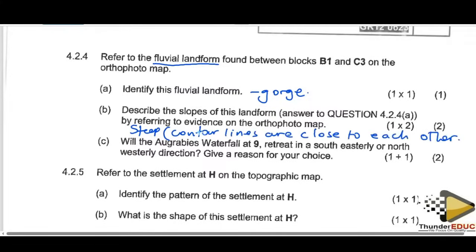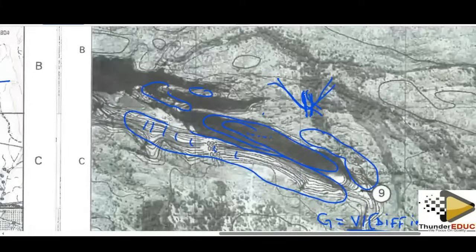So this shows that the slopes are steep. If you go and check again, you can see how these contour lines are too close, so they indicate that the gradient is steep.